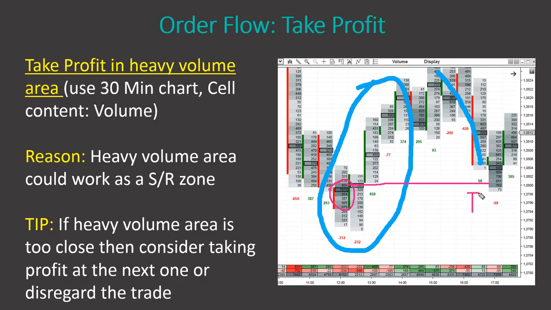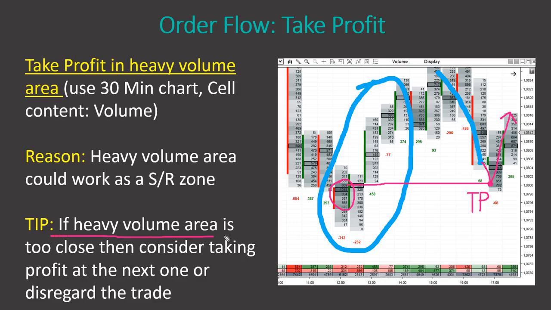Right, so this is the take profit, and the reason is that this could work as a support and it could potentially turn the price, as in this example. All right, so you want to quit the trade before it reaches the support area.